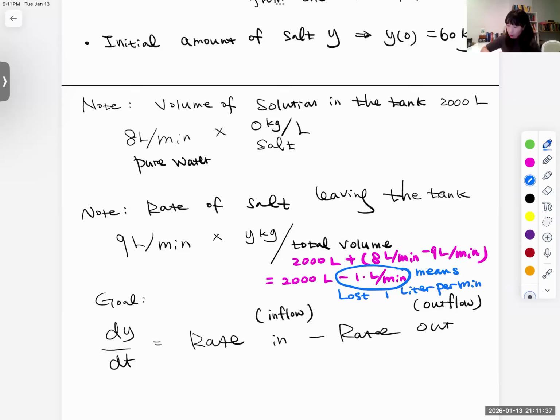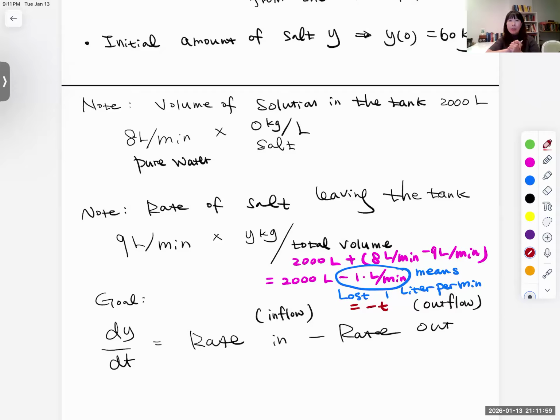So we can use this as negative t. What do you think? Losing 1 liter per minute, so negative t. Make sense to you?